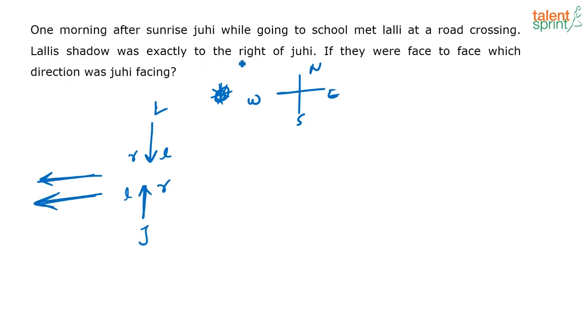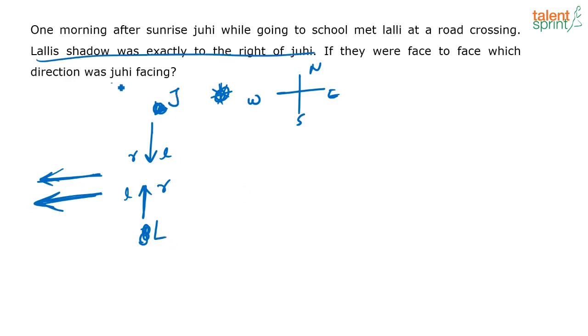Lali's shadow was exactly to the right of Juhi. So this cannot be the position of Lali and Juhi. So let's interchange. If this is Juhi and this is Lali, what happens? See, Lali's shadow is in this direction and this direction is nothing but the right of Juhi. So we can say that Lali's shadow being to the right of Juhi is satisfied when I put Juhi on top and Lali at the bottom.